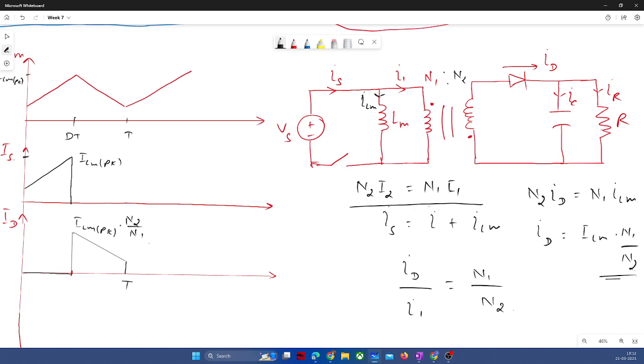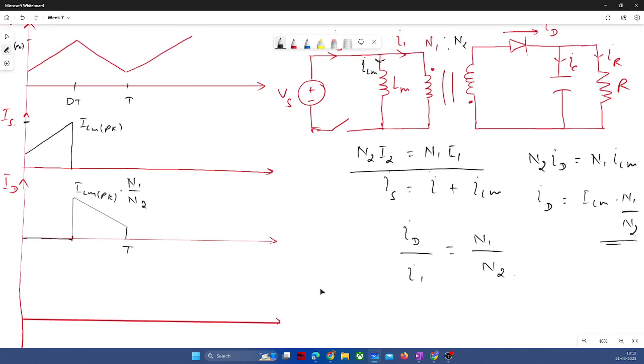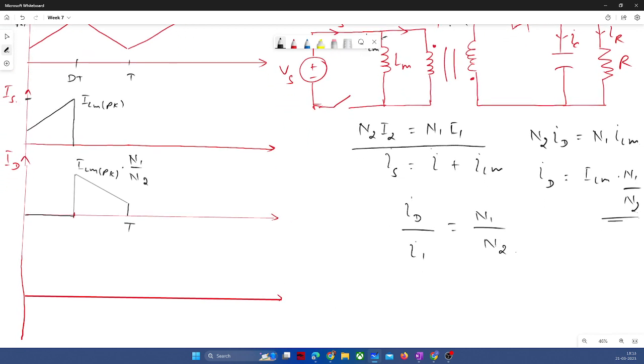Let me just verify it. Yeah, it should be ID is ILM times N1 by N2. It should be N1 by N2. So this is the curve here.